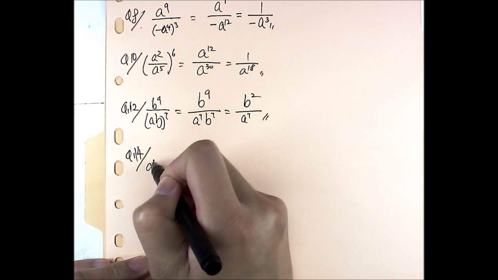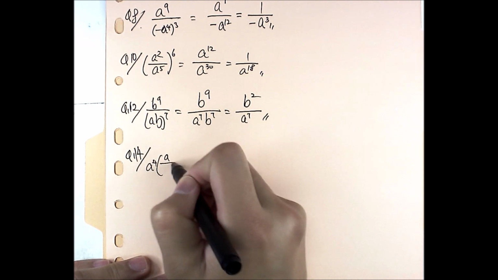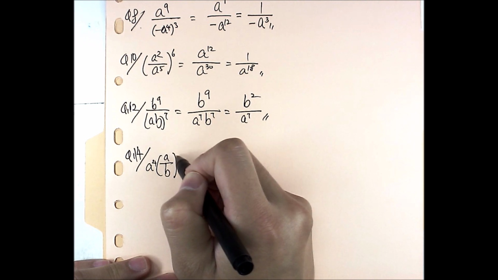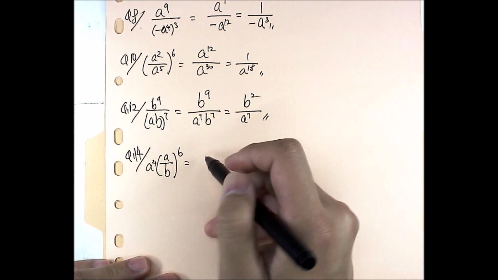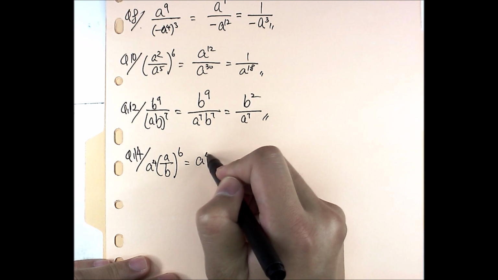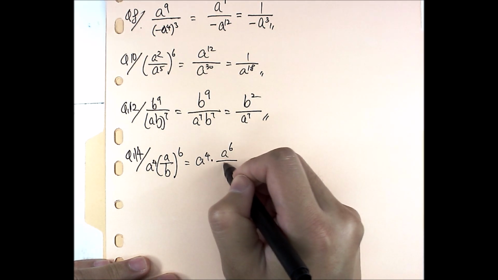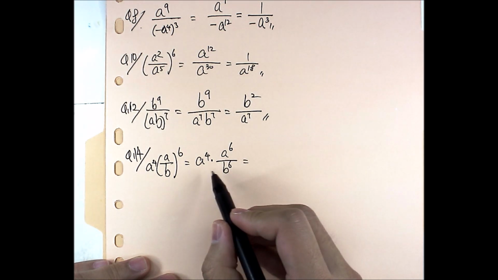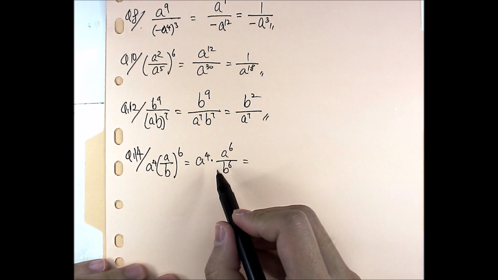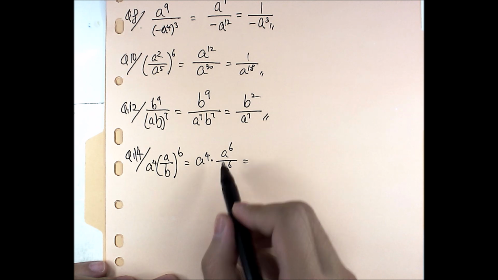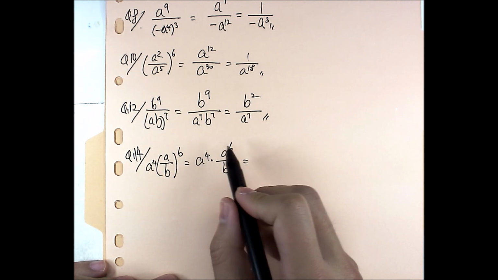Copy a to the power 4, and then a divided by b to the power 6. So keep going. Keep this a to the power 4 times. Here should be a to the power 6 and then b to the power 6. So for this, you learned it in primary school, okay? When a number times a fraction, how to do?